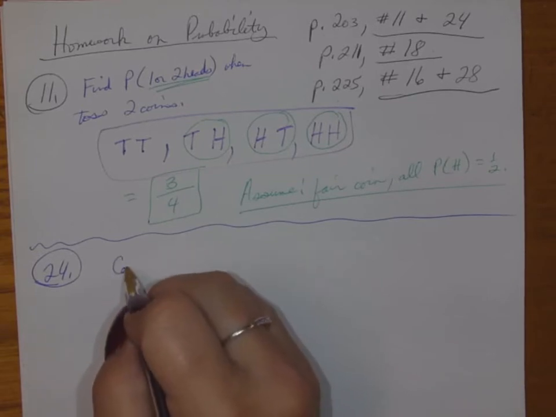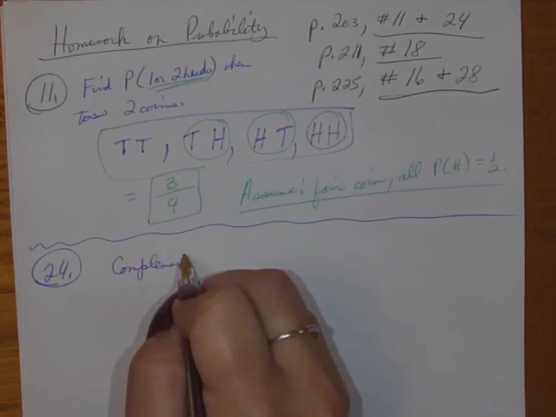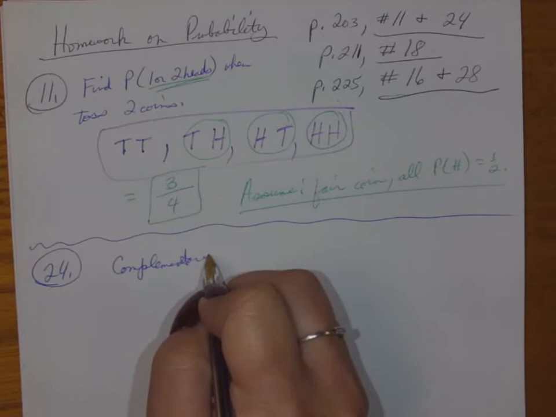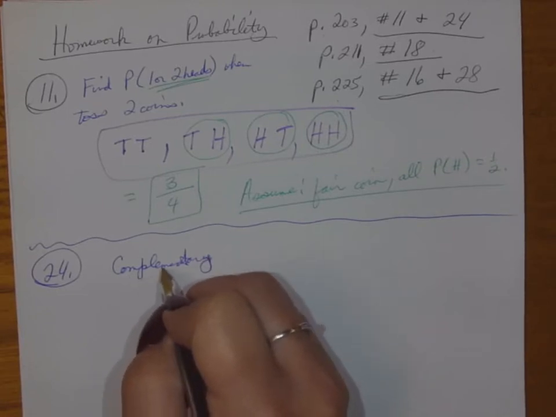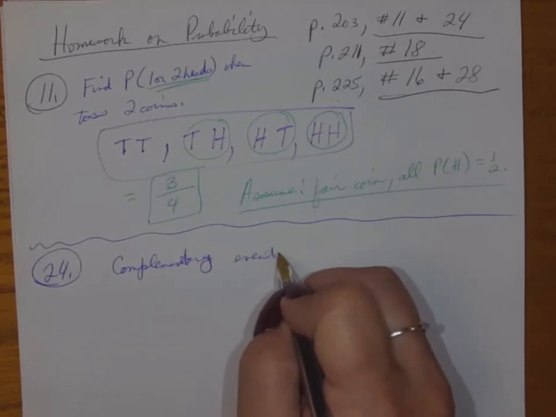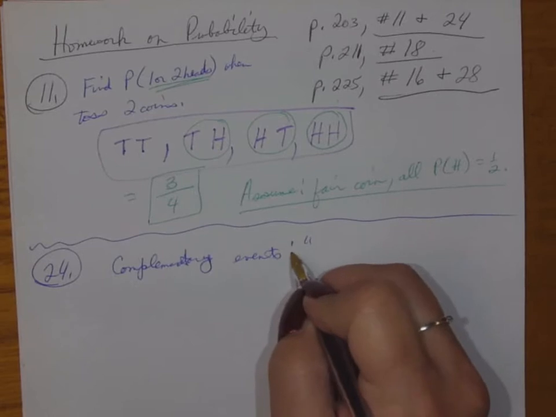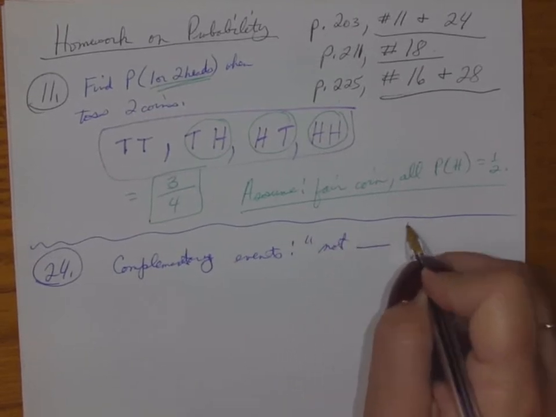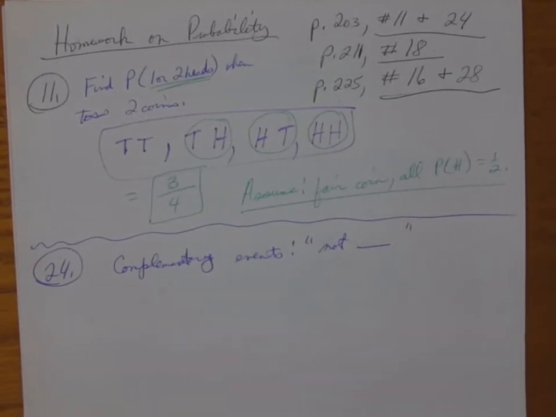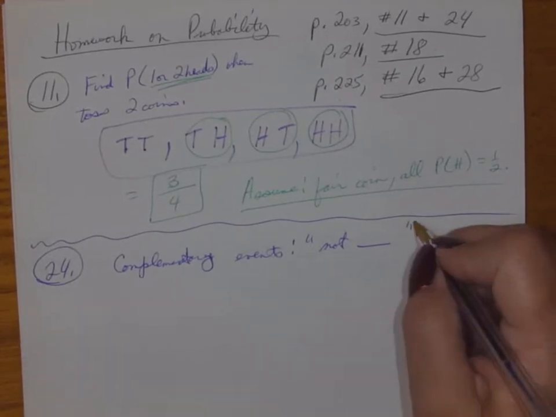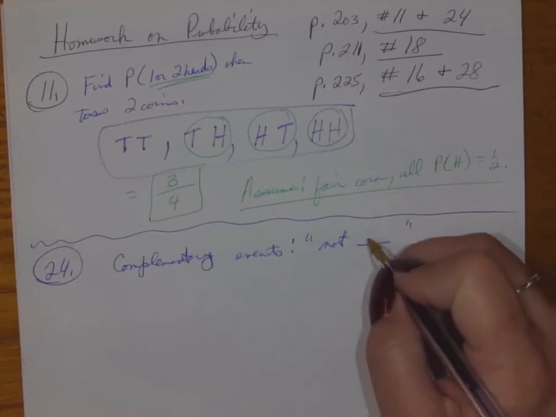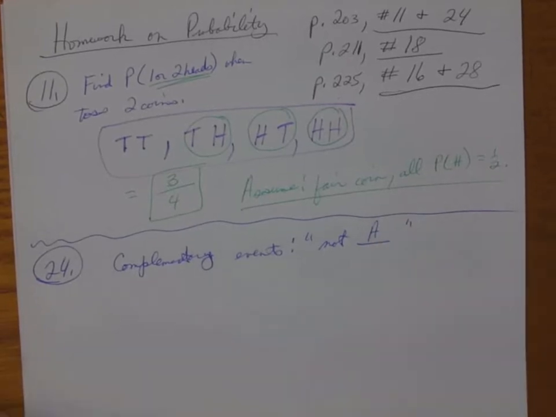So remember that complementary events mean not whatever. Whenever we say complementary, it's like the opposite. It's not going to be whatever they told me to do. Say, if we asked what's the probability of getting heads?